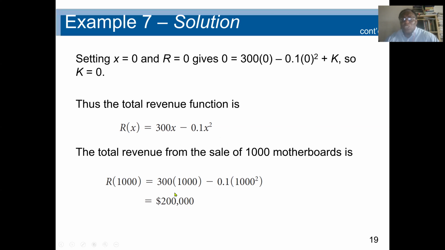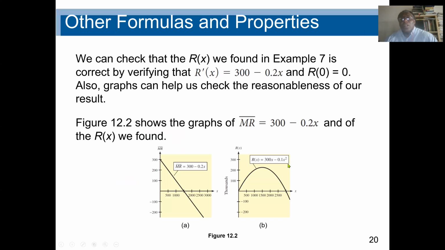So we do our calculations, 300 times 1,000 minus 0.1 times 1,000 squared. That's our answer. So here we say we can check that the revenue function R(x) we found in example 7 is correct by verifying the rate of R(x), which is 300 minus 0.2x. And R(0) is 0.